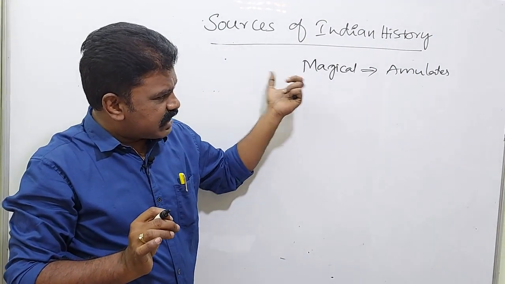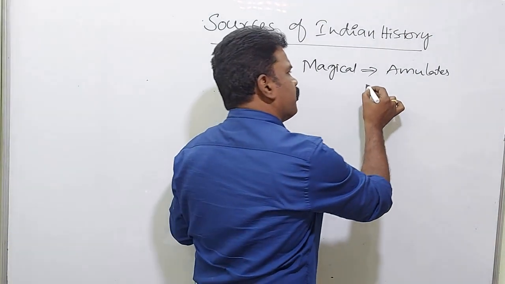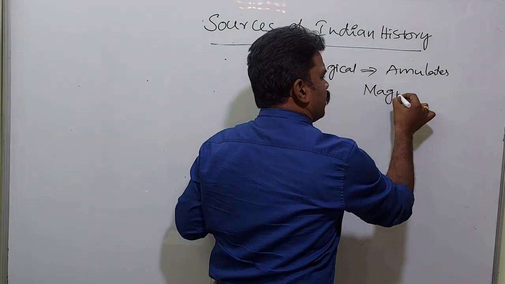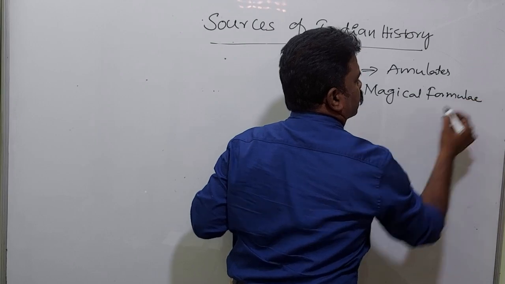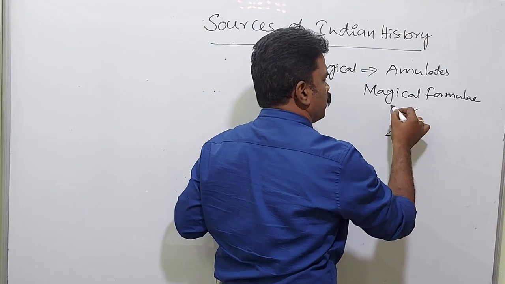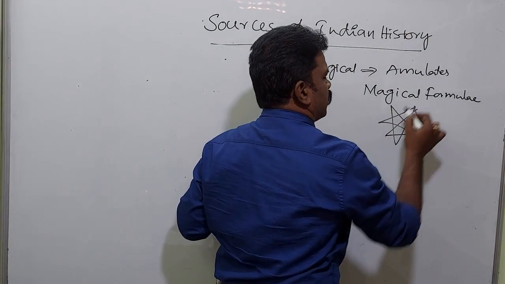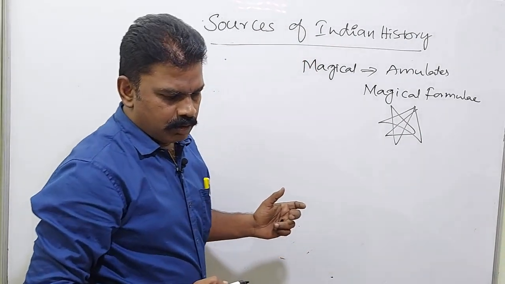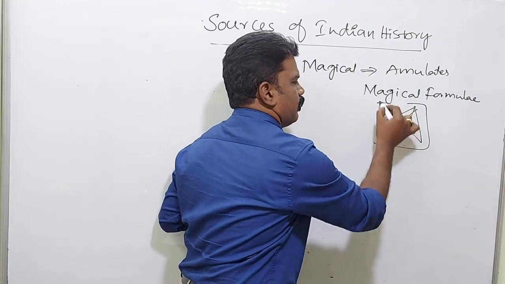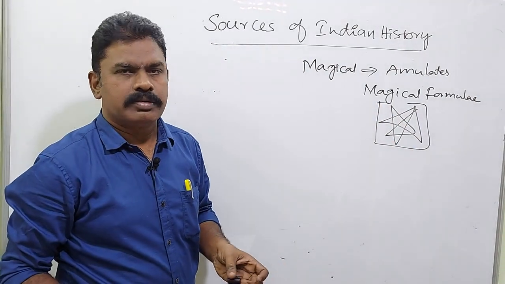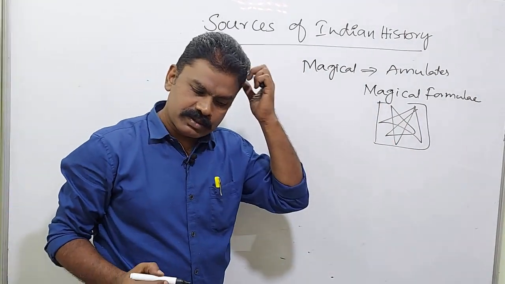And this contains some magical formulas. Suppose if you take like this, there were some magical formulae. So these are another type of inscriptions.